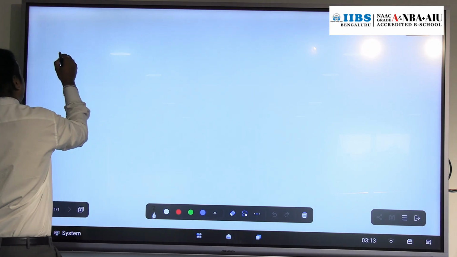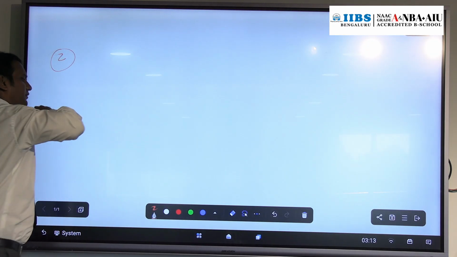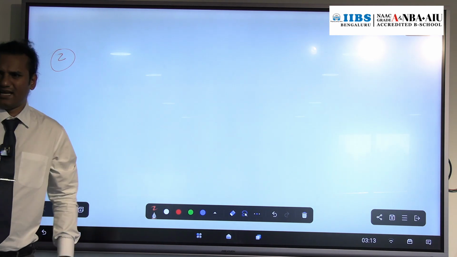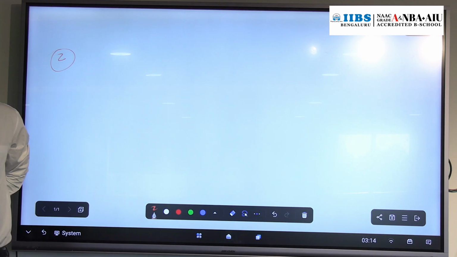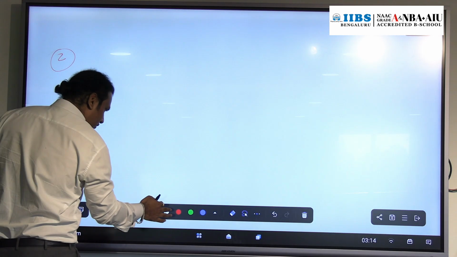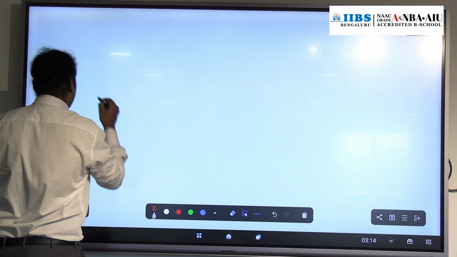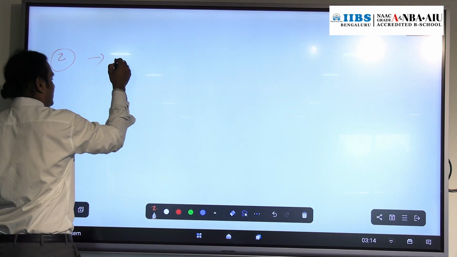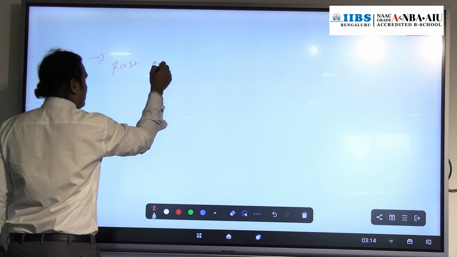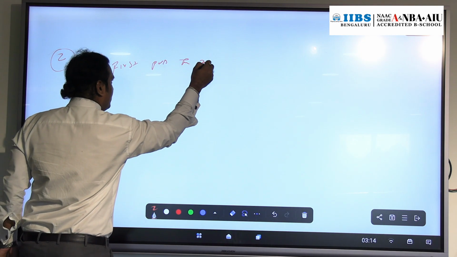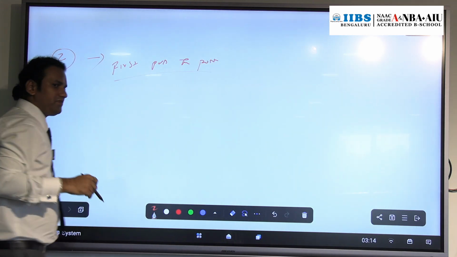Generally there are two types of election system, direct and indirect. For declaring the winner also we have two methods. The first is the first past the post system.